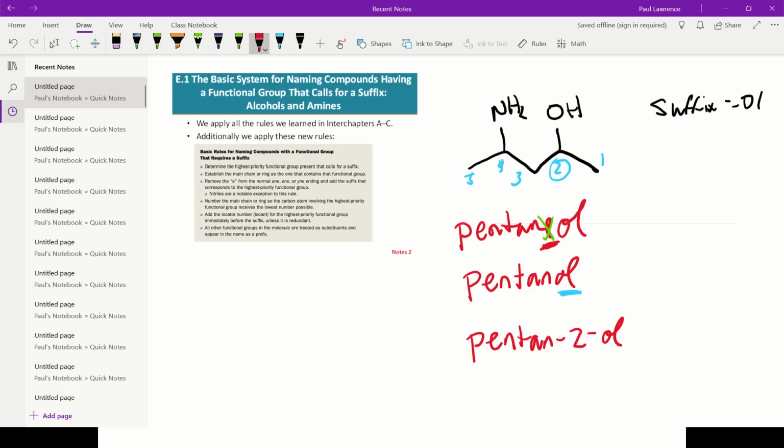Oh, but we're not done yet, right? Because we have that last bullet point. All other functional groups in the molecule are treated as substituents and appear in the name as a prefix. So we observe that we have an amine right here. And every other substituent is going to be named with a prefix.